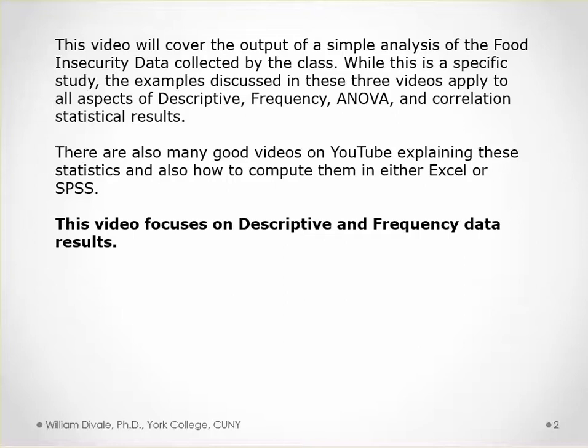There are also many good videos on YouTube explaining these statistics and also how to compute them in either Excel or SPSS. Now, this particular video focuses on descriptive and frequency data results and how to interpret the output. In this case, the output is from an SPSS program file.